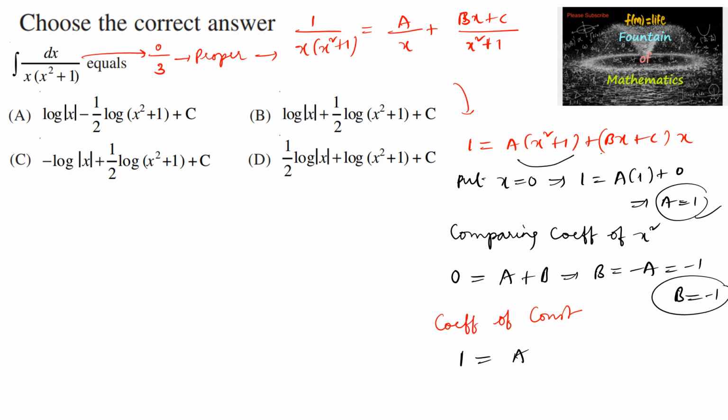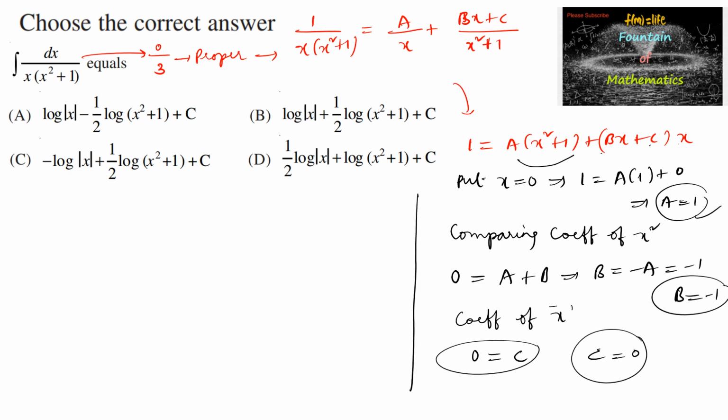So already we got A is equal to 1. So let us not go with the coefficient of constant. Let's find the coefficient of x. Here the coefficient of x on the left side is 0, and on the right it is only C. So C is equal to 0. We got C value 0.